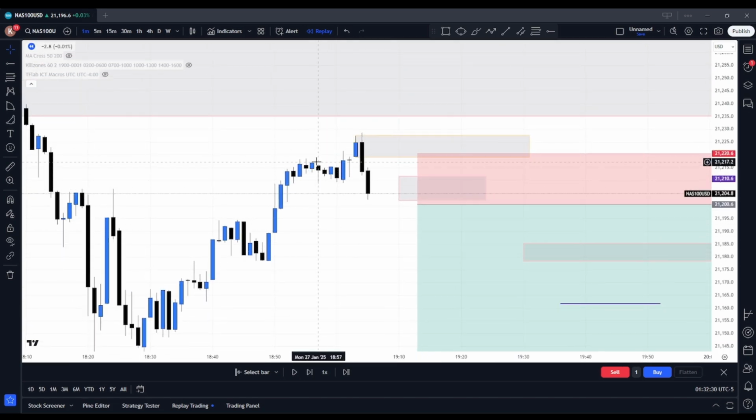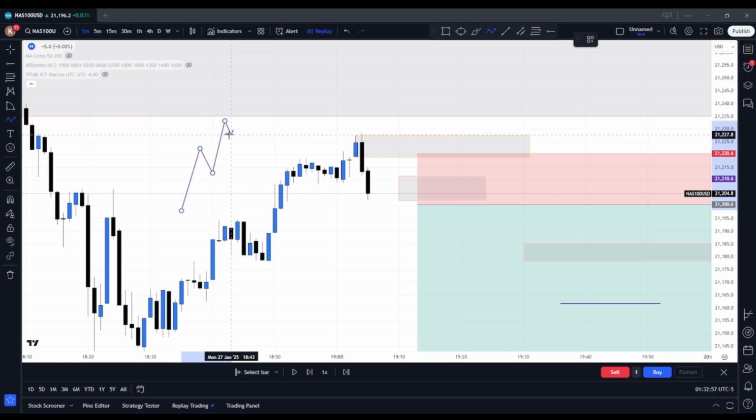So this is the structure I'm looking for right here. Before I explain this, let me just draw it out. It's gonna look something like this. We're gonna come up, we're gonna see a higher low, a higher high.